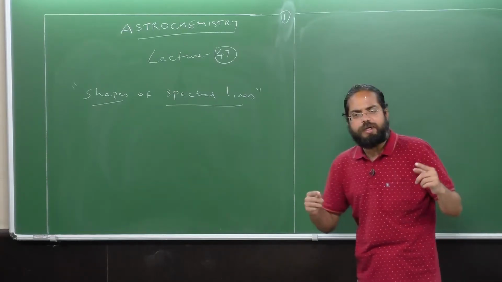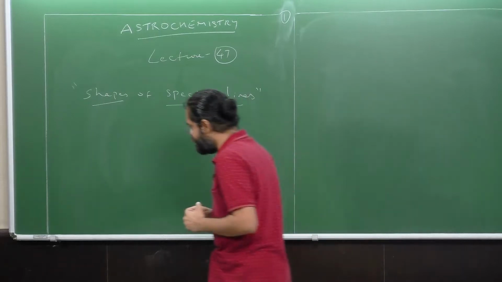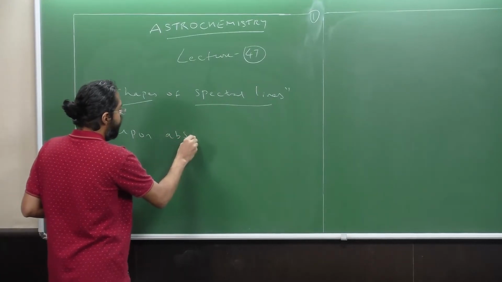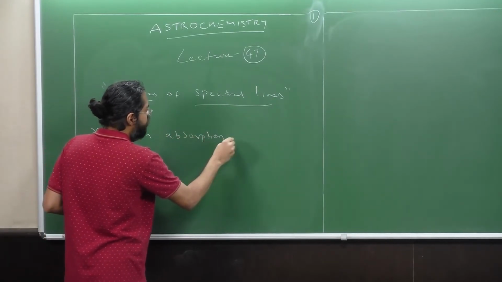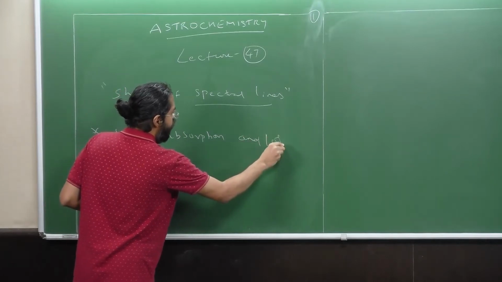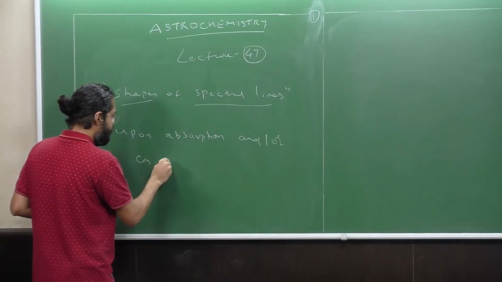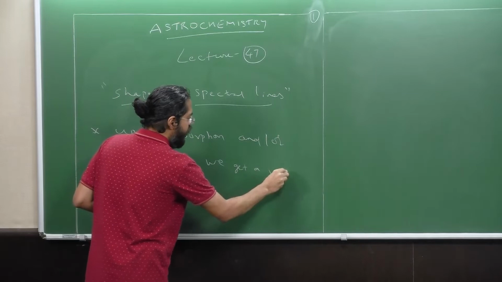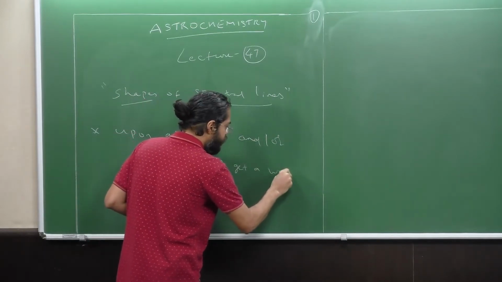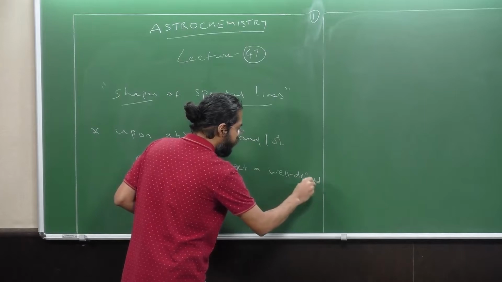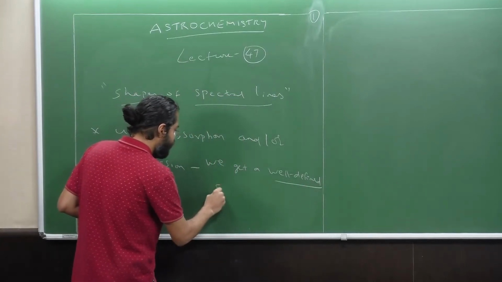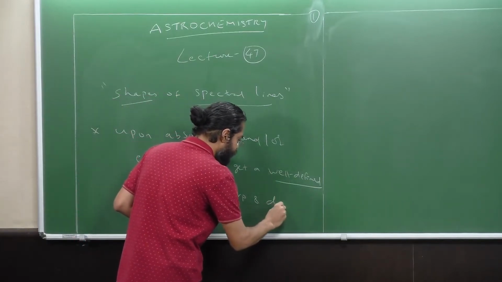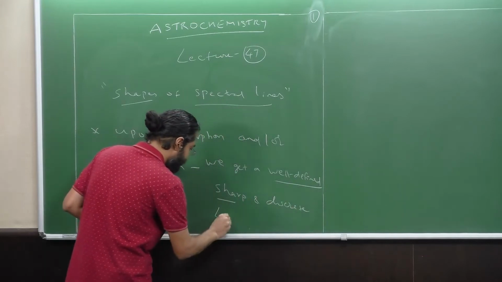So we get this impression that upon absorption and by emission, we get a well-defined, sharp and discrete line.